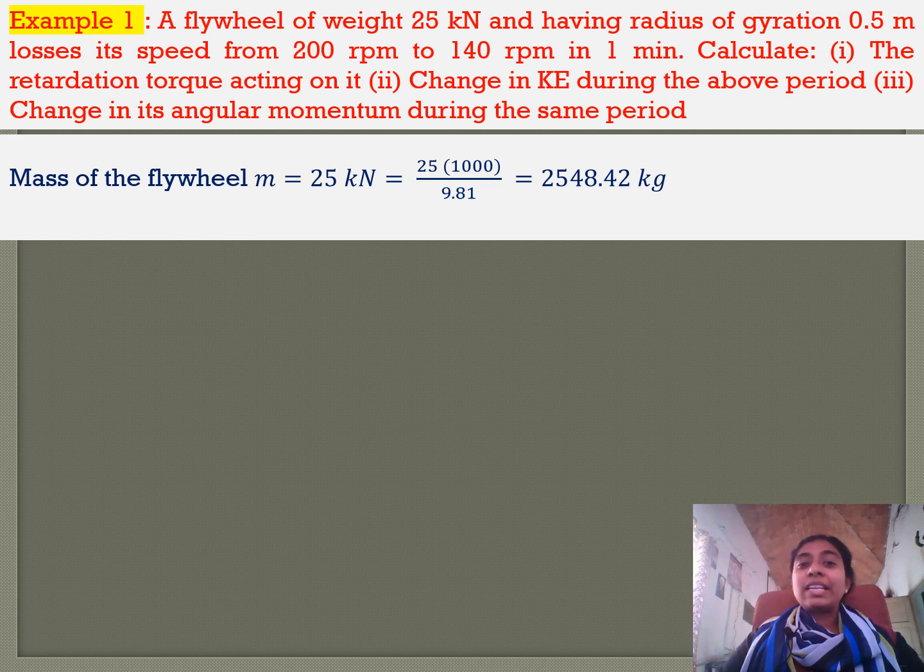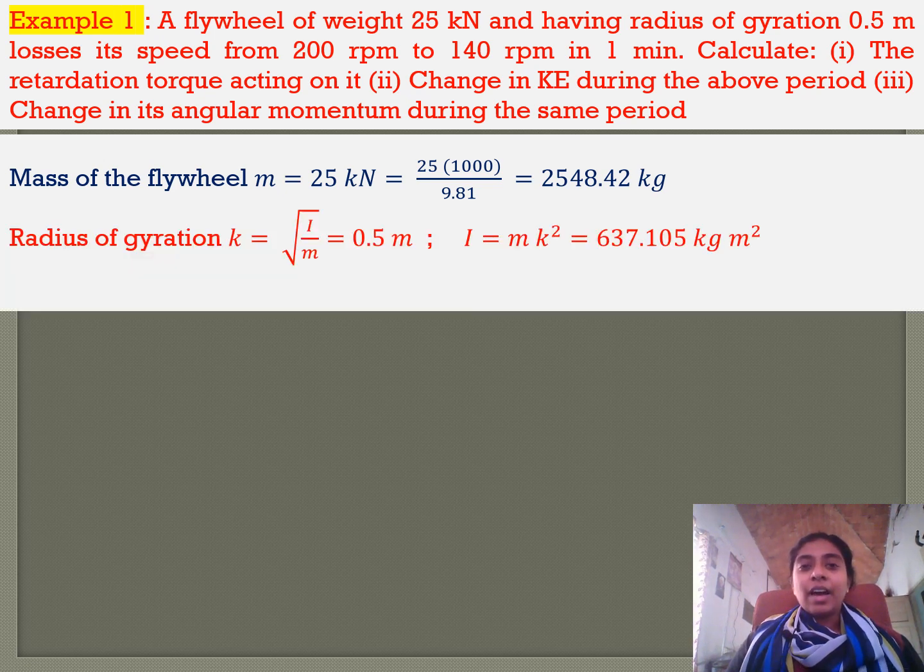So we know weight is given. Weight of the flywheel is given as 25 kilonewton. So mass of the flywheel is 25 multiplied by 1000 divided by 9.81 kilogram. Now radius of gyration is given as 0.5 meter.